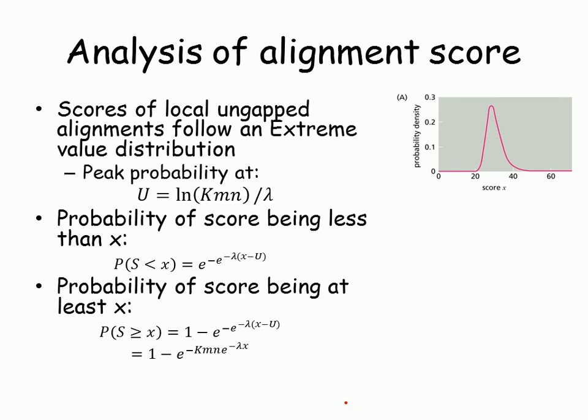If you look at the scores of local ungapped alignments, so if you generate random local alignments between random sequences and keep track of the scores that you obtain, and look at how they are distributed, you will see this extreme value distribution.